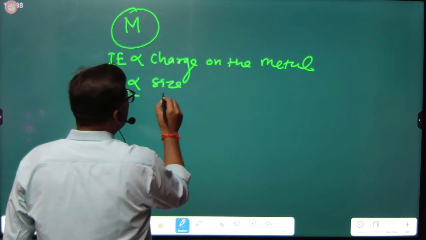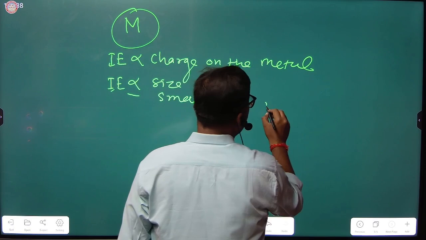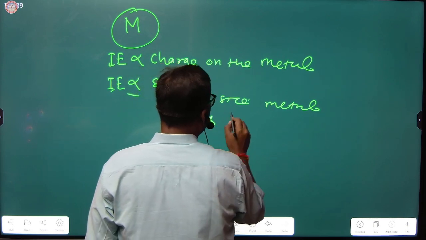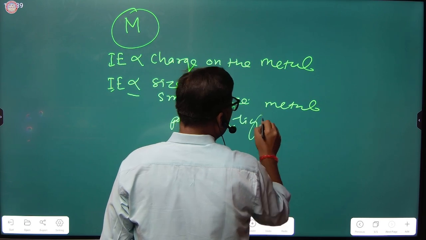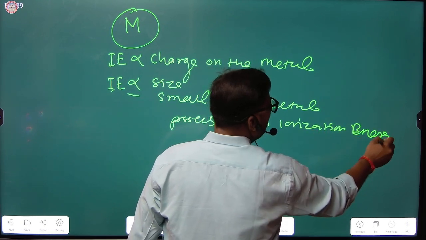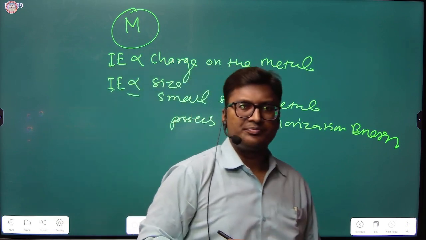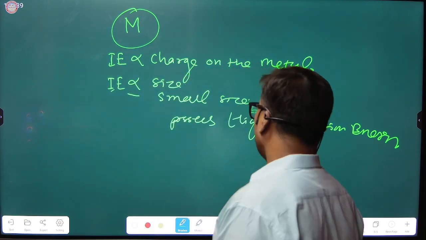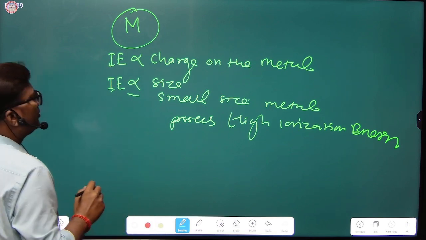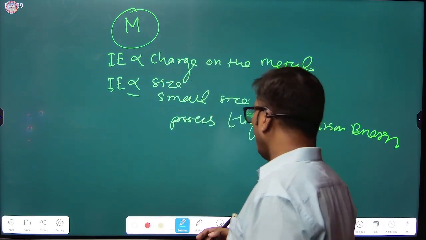So a small size metal possesses high ionization energy, right? And a large sized metal possesses small ionization energy accordingly. So charge and size are the two factors that will be considered for the ionization energy.